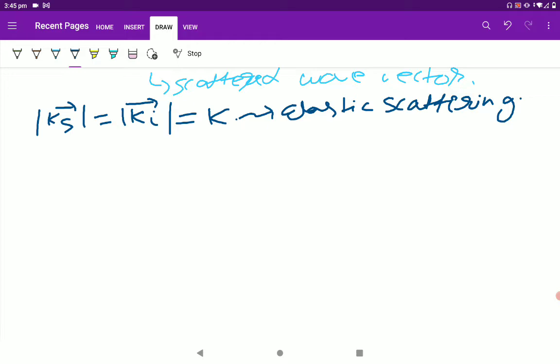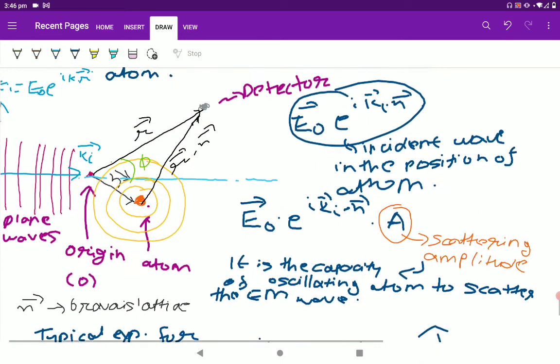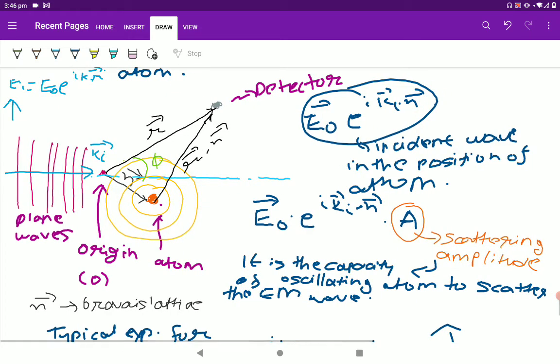So why have we used the scattered wave vector in the direction of r, not r minus n, as the spherical wave originates from the atom? Because here the k vector is different for each atom in the direction of r minus n vector. So if the position of the atom changes, the value of k changes.